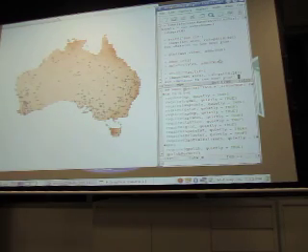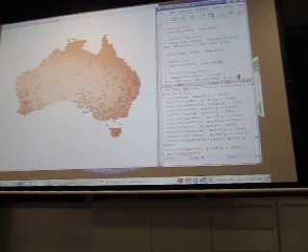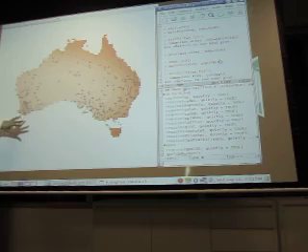This is again a spatial average. This is a model of the rainfall using quadratic regression. You can see you tend to get higher rainfall in the tropics and in the east, and in the desert regions, modelling lower rainfall.